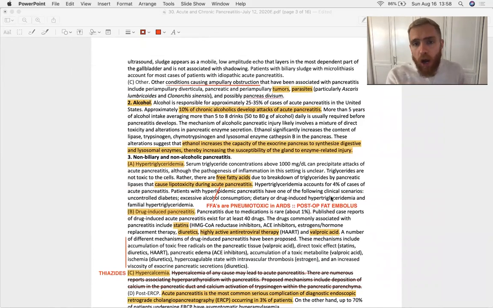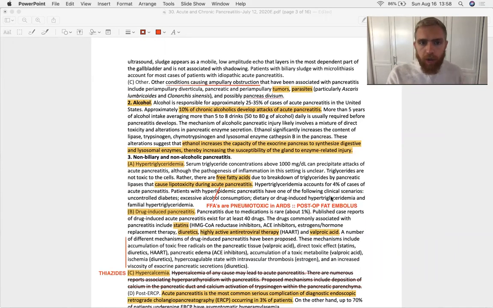Other conditions can cause ampullary obstruction, which would lead to that backup of autolytic enzymes and acute pancreatitis. These include tumors, specifically of the pancreatic head, and different parasites. Ascaris lumbricoides is a giant roundworm that likes to get up in the duodenum and cause pressure onto the ampulla of Vater from the outside inwards.